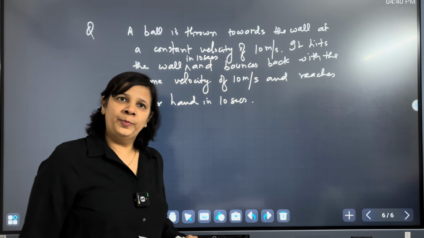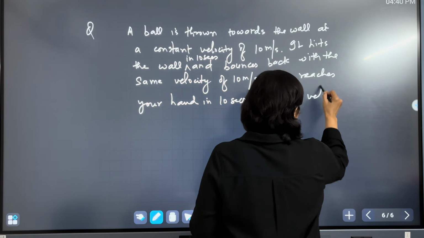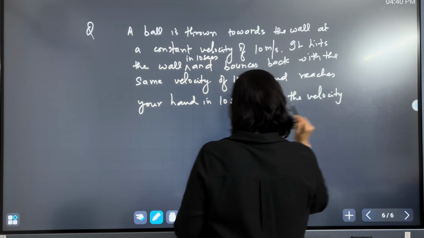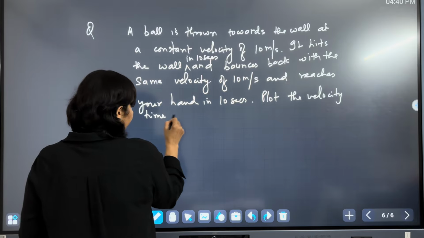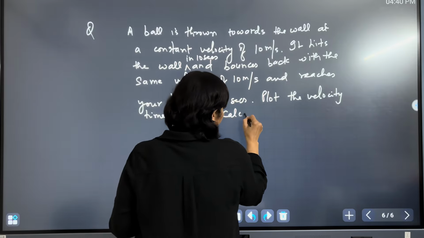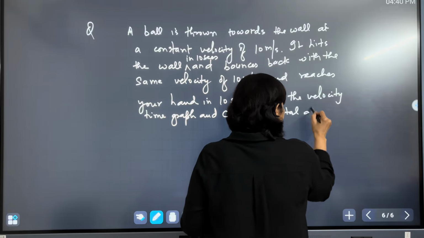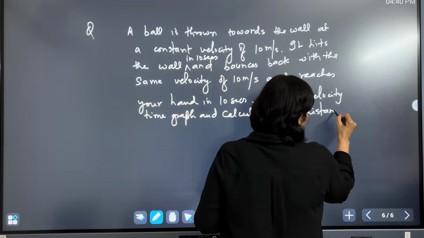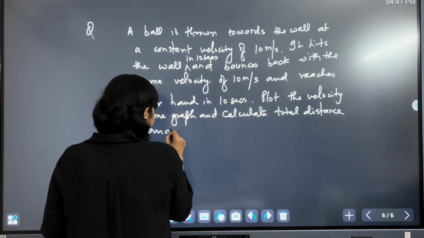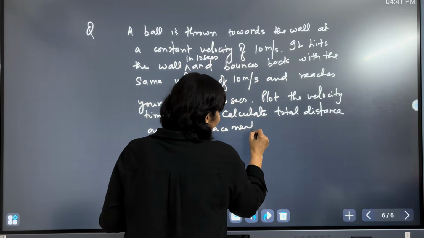Plot this velocity time graph and calculate the total distance and displacement of the ball.